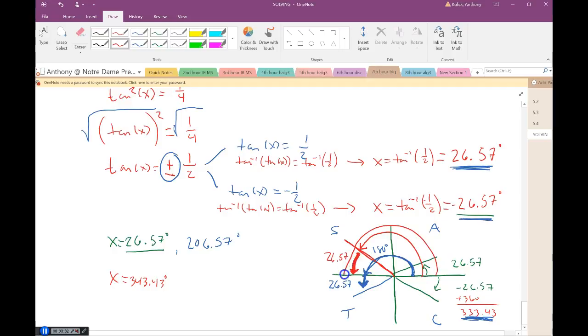And how far is this spot here? 180. So the angle I'm looking for is 180 minus 26.57. So when I do that, I get 153.43.